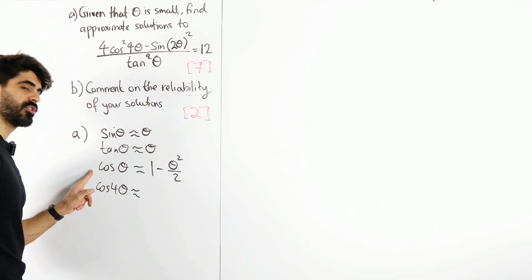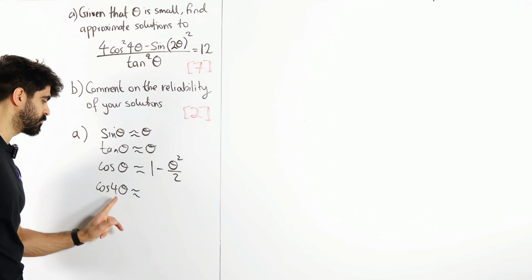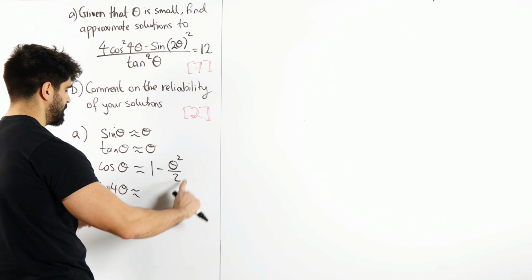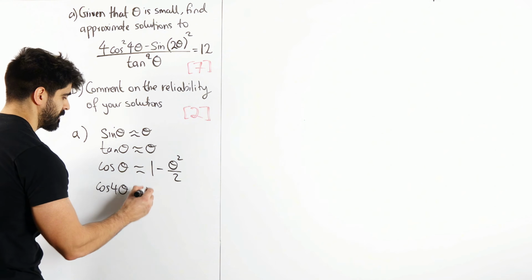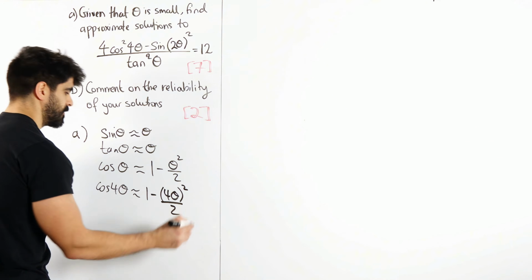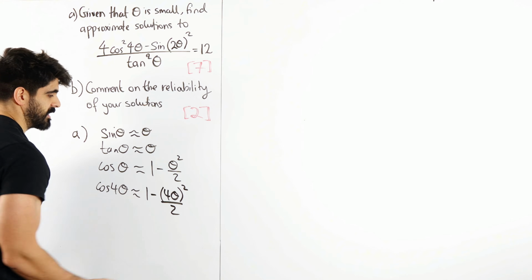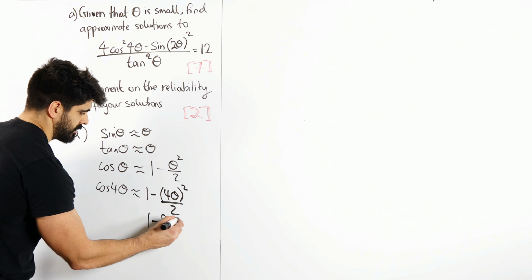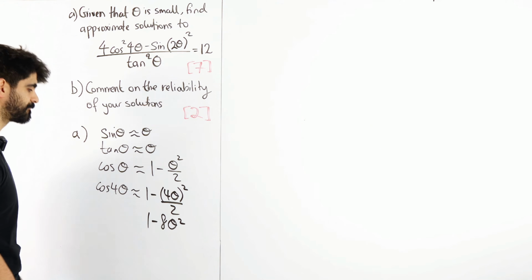Guys, the 4 is not here, is it? We're not multiplying through by 4. It's within the angle. You are replacing, this is like functions. You're replacing the theta with 4 theta. So it becomes 1 minus 4 theta squared all over 2. 4 squared is 16. 16 divided by 2 is 8 theta squared. Don't forget your theta squared.